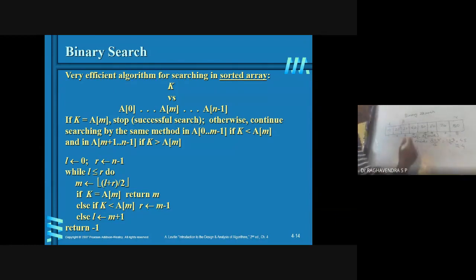Next, A of mid will be taken as A of 4 because mid is equal to 4. So this value will be taken. The first half will be this region and the second half will be this region. Suppose the key element we are searching for is 30.